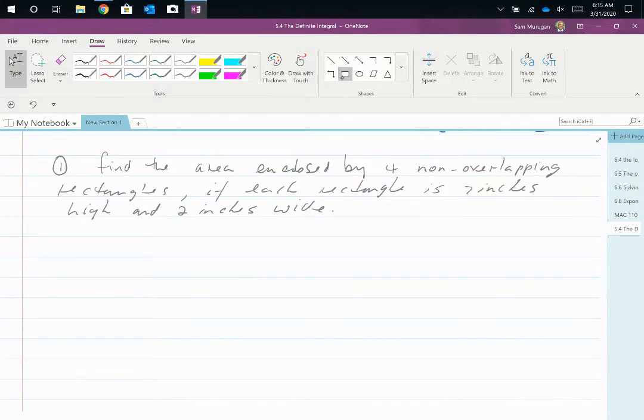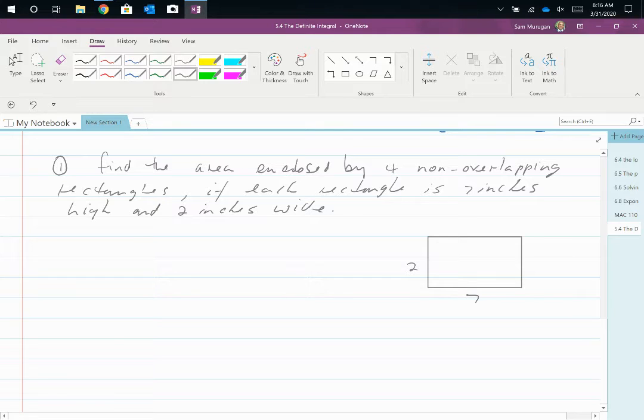So this is kind of a straightforward problem. It's giving us the dimensions of this rectangle is 2 and 7. So area of each rectangle is equal to 2 times 7, or 14 square inches.